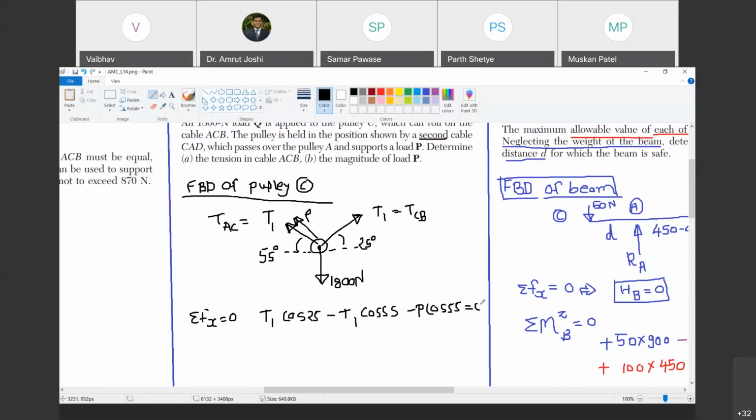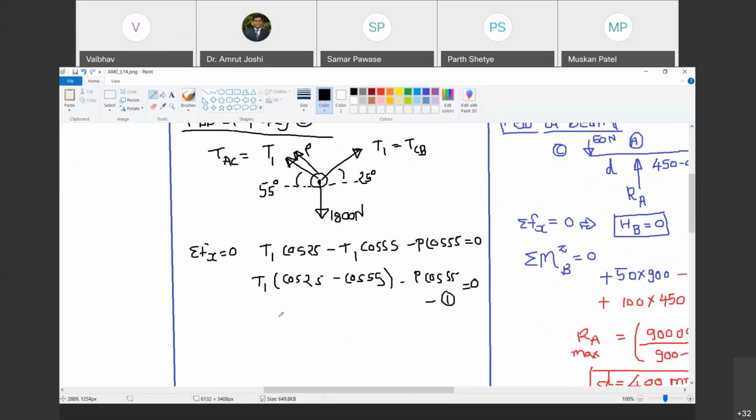Therefore, taking T1 as a constant into the bracket, cos of 25 minus cos of 55, minus P cos 55 is equal to 0. This is equation number 1.